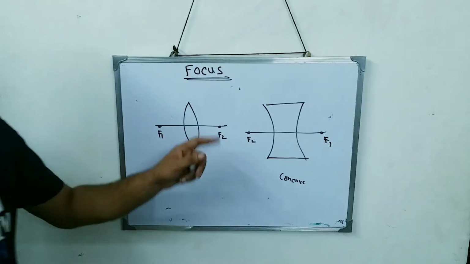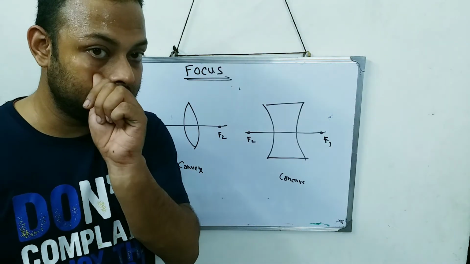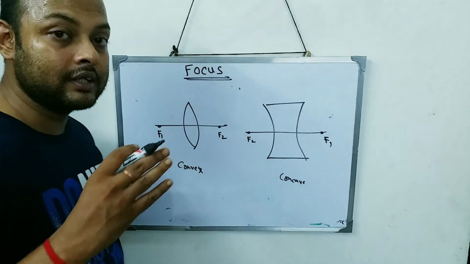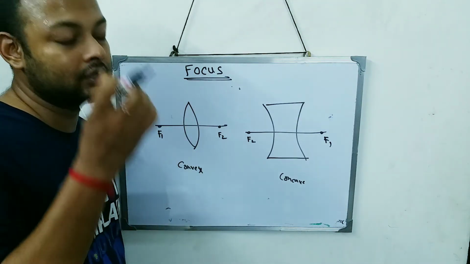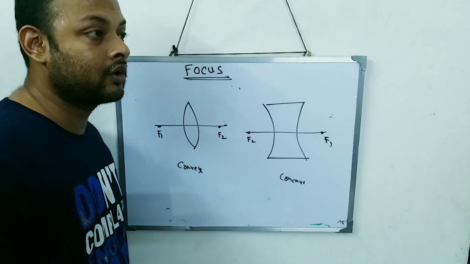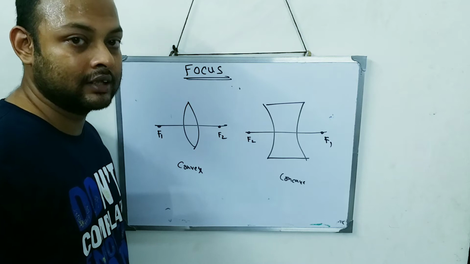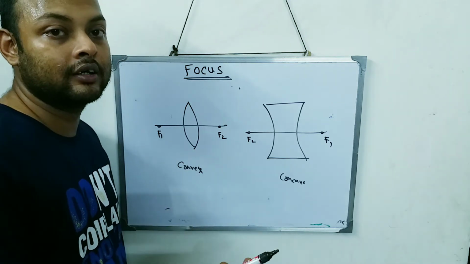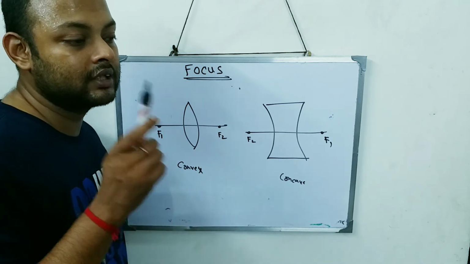So where F1 and F2 are lying should be very clear to all of you, because this is where students make mistakes and get the diagrams or constructions in the next part wrong, because F1 and F2 are on different sides for concave and convex. This is very confusing.